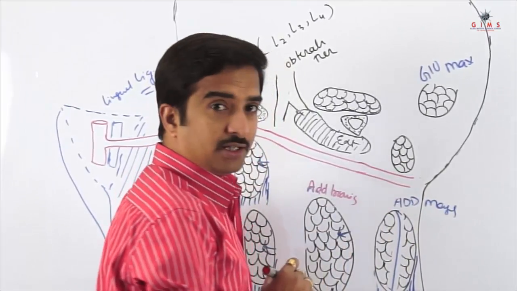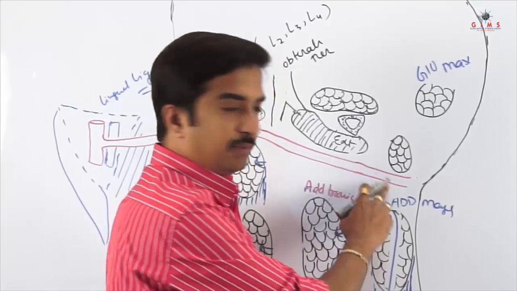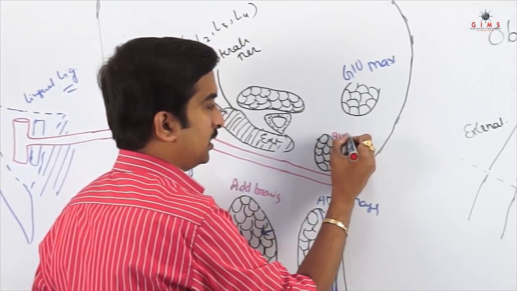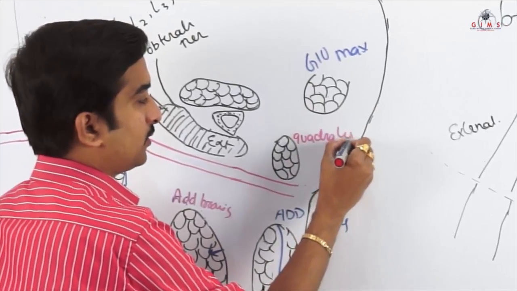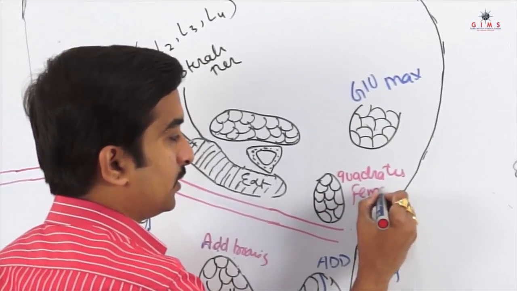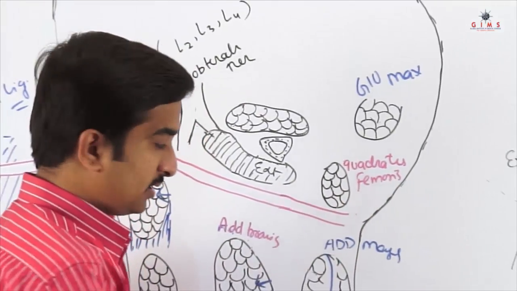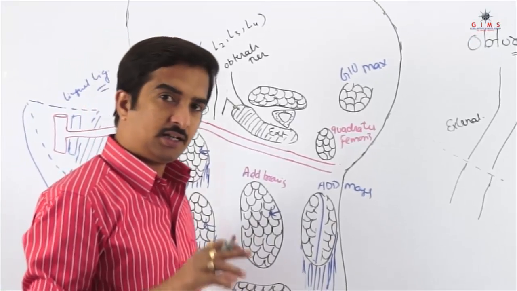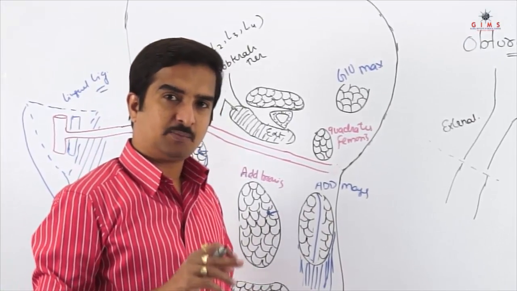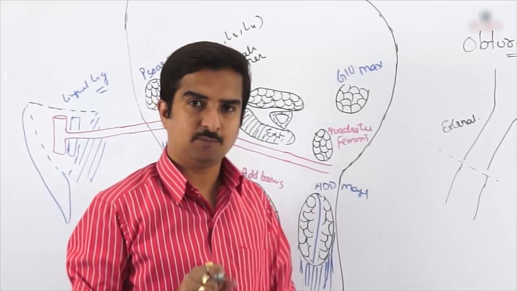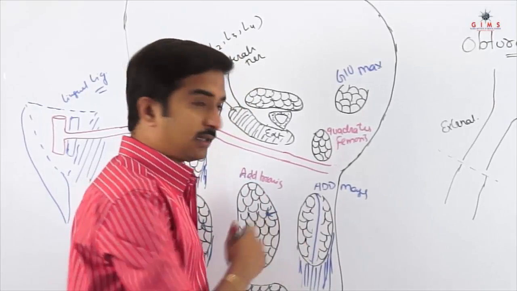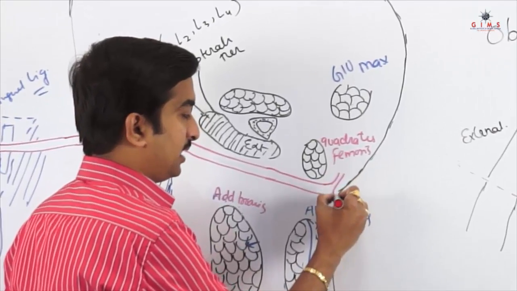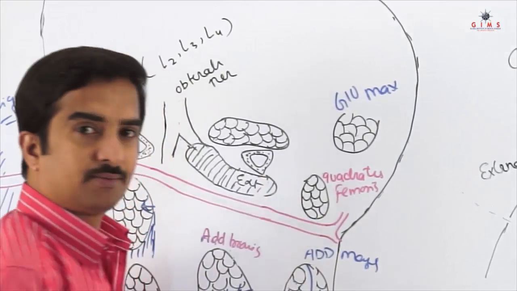In the gluteal region, it is present between the quadratus femoris and adductor magnus, where it terminates by giving ascending as well as transverse branches.